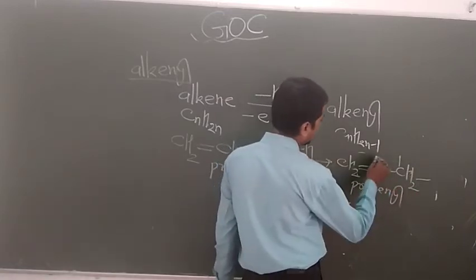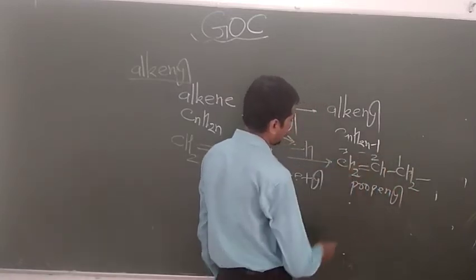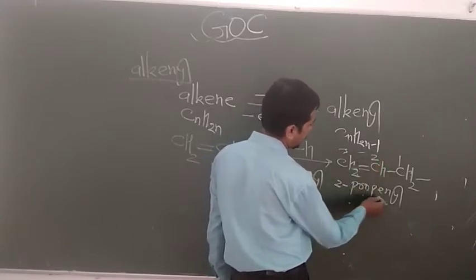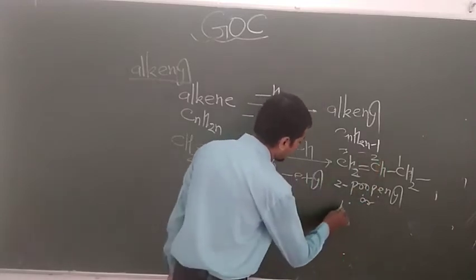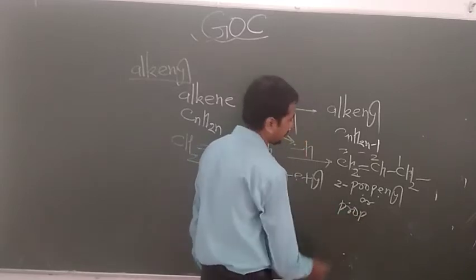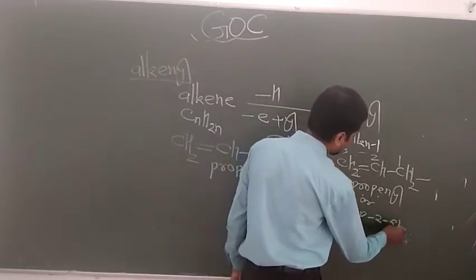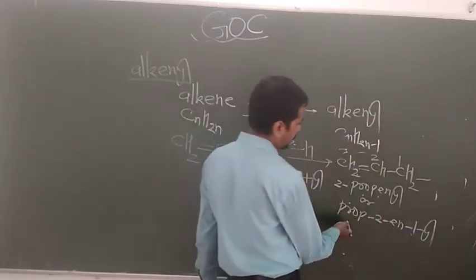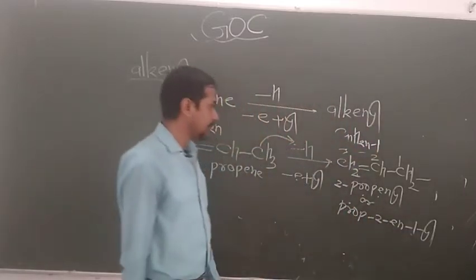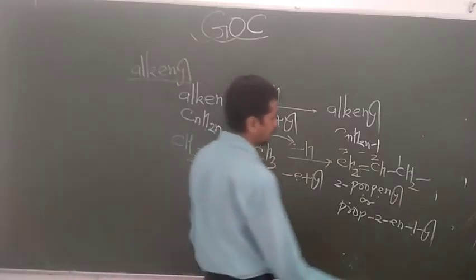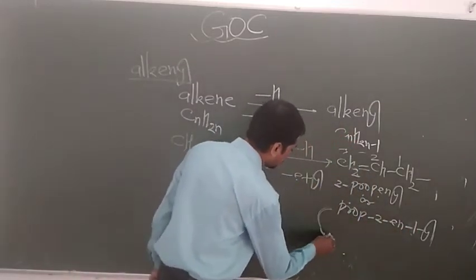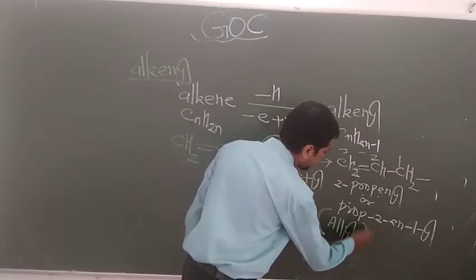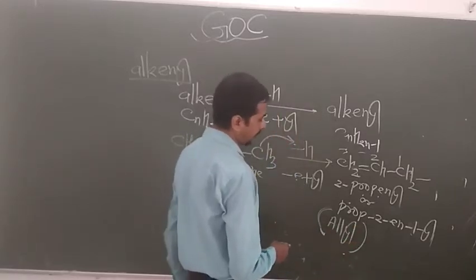Now look at the conditions. Number 1 is given to this carbon, then 2 and 3. So that's why this is known as 2-ene, that means prop-2-enyl, or you can write it like this, prop-2-en-1-yl. So this is also the IUPAC name of this group, but you have to also focus on the common name of this group, allyl. This is also most important.